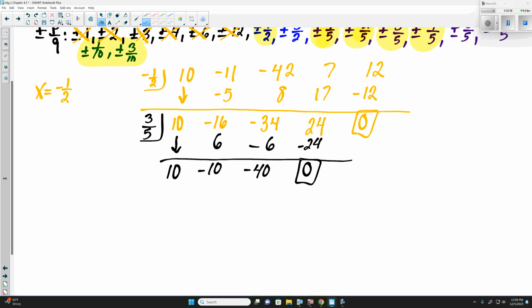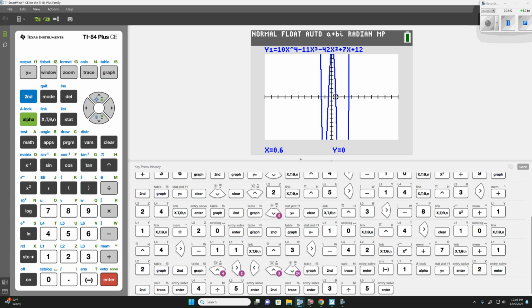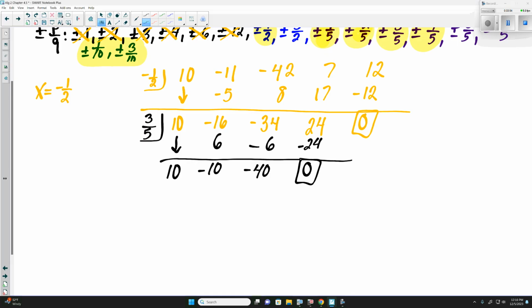Now we can try the rest of them, and unfortunately, none of them work, because all of our values are between 0 and 2 and 0 and negative 2. So none of the rest work.